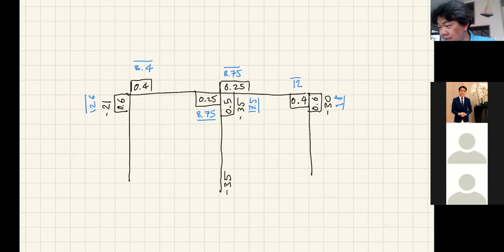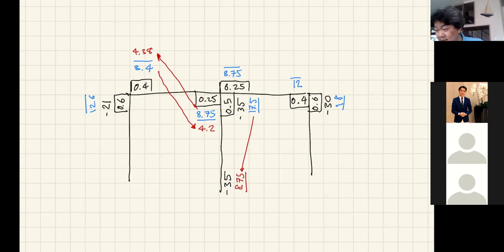And you again do the carryover. So this goes there, 4.38, and this comes here, and that's 4.2, and then this goes there, 8.75.